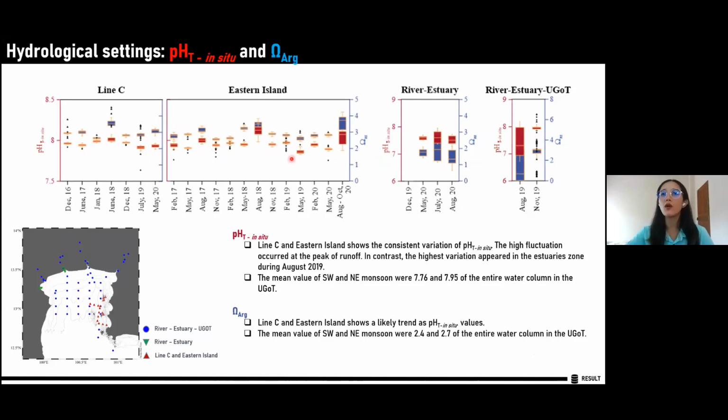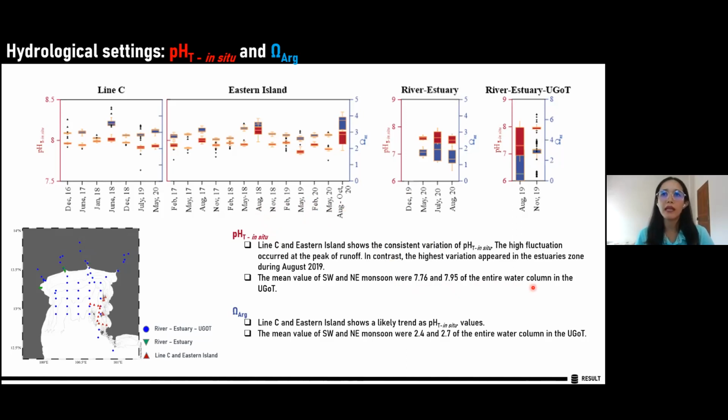We will see just consistency variation, fluctuation, and a little bit of a peak when there is a runoff river. For example, in August 2018 and 2020, ranges between the southeast monsoon and northeast monsoon mean water pH is 7.76 and 7.95 for the entire upper Gulf of Thailand.